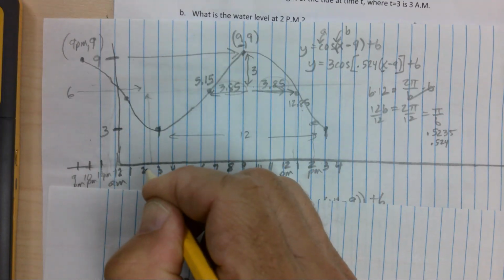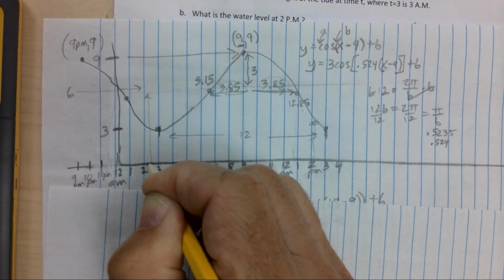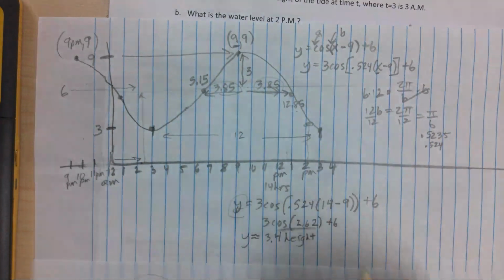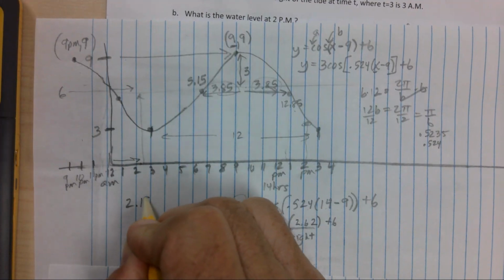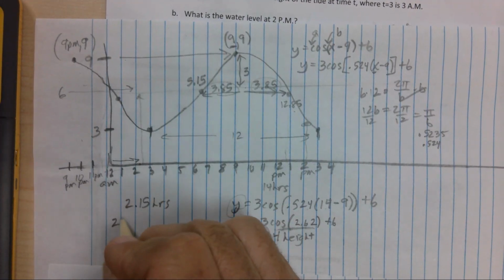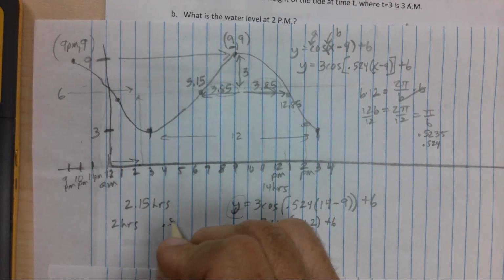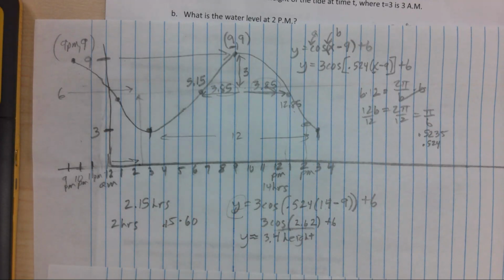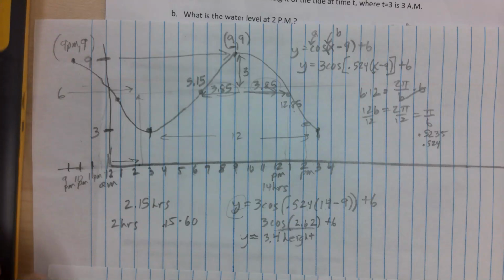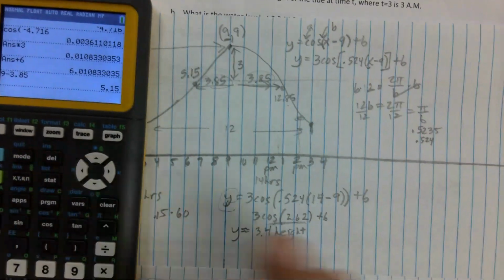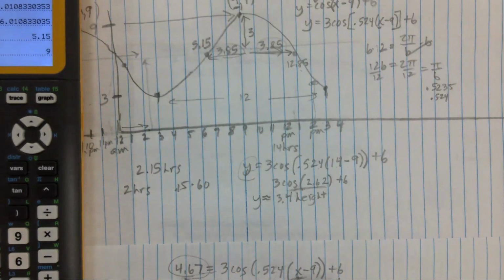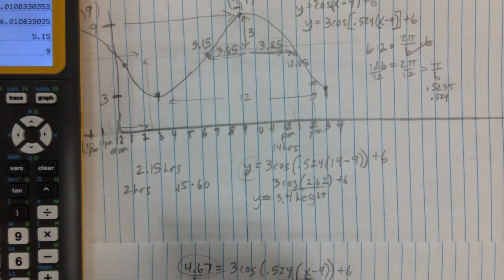So if I converted that, 2.15 hours, I know that'd be 2 hours, and then 0.15 times 60 to figure out minutes. So let's go 60 times 0.15 and 9 minutes.